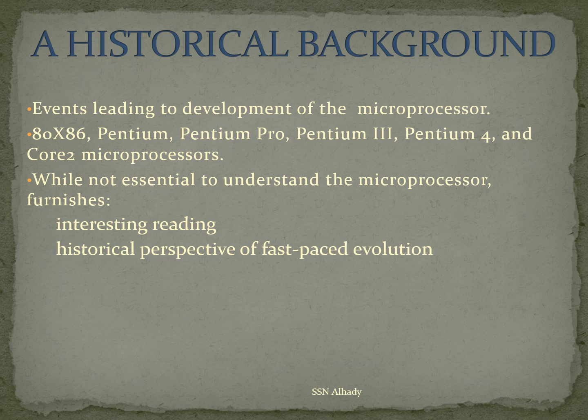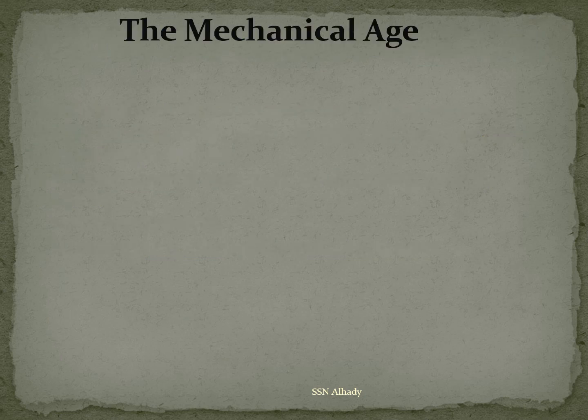For this part, this lecture, you don't need to understand it. It's not essential for understanding the microprocessor architecture, but it's going to be interesting reading, a historical perspective on the fast-paced evolution of the microprocessor.